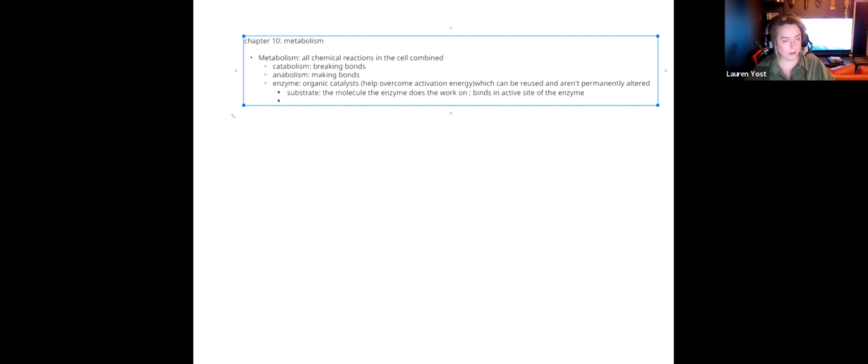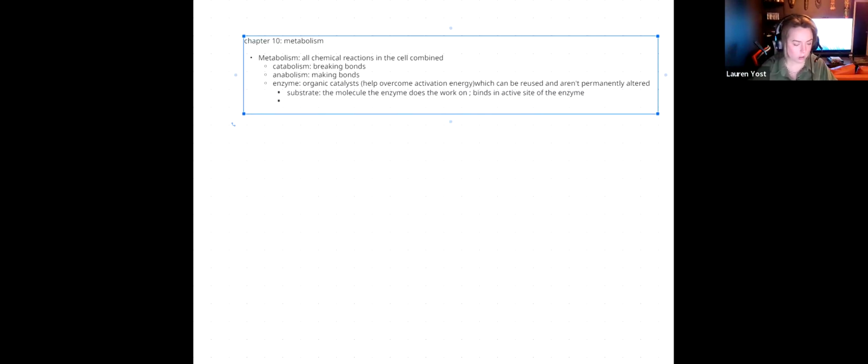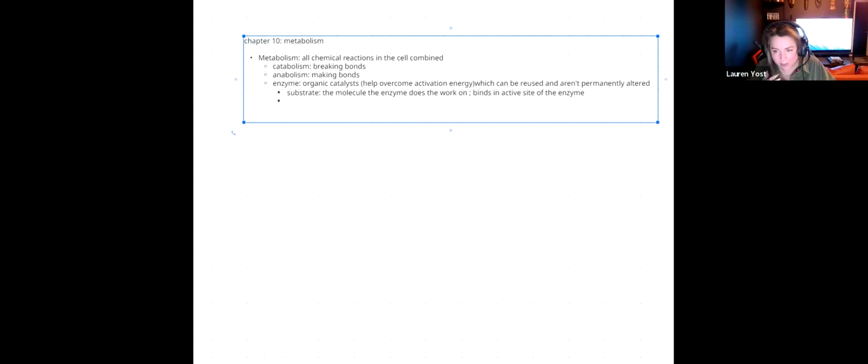Okay, so let's break it down. We have the apo enzyme. This isn't too many parts, so thankfully there's that. You have the apo enzyme, which is the actual protein or enzyme portion of the holoenzyme. And then the other part is the cofactor.